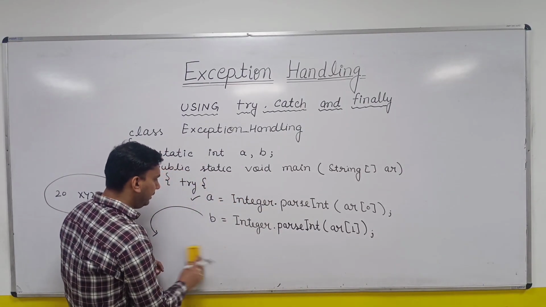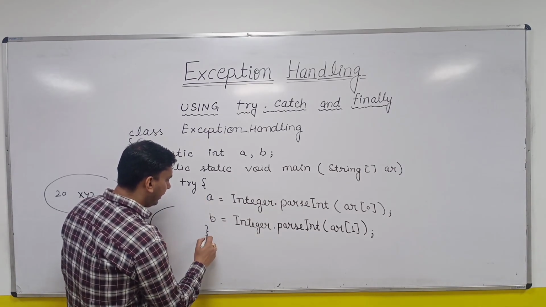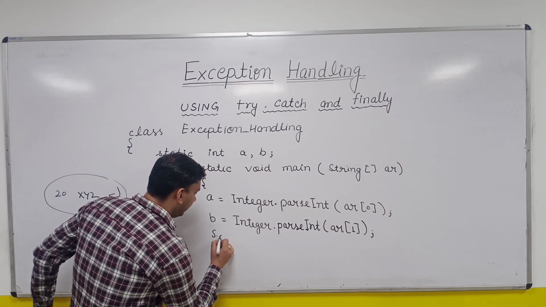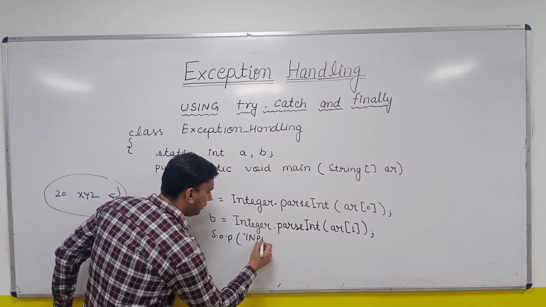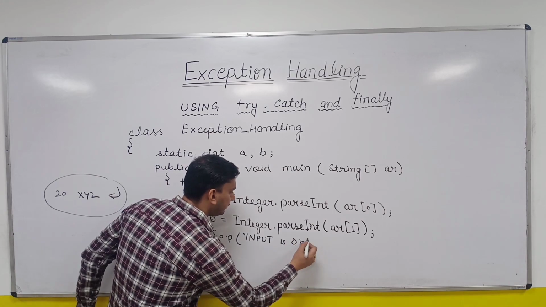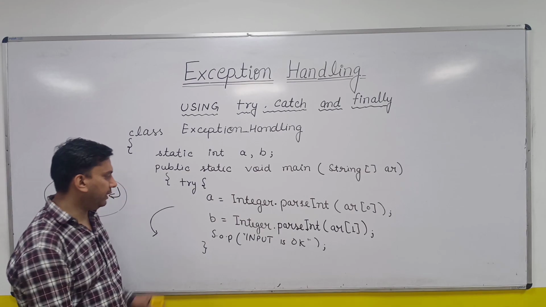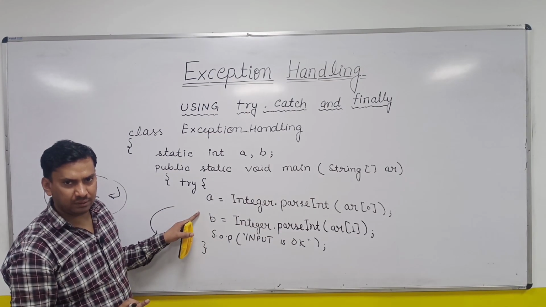So what I am going to do here is put these two statements inside the try block. Let's say I am writing here system.out.println input is okay. This line will be printed only when this and this statement do not result in any exception.